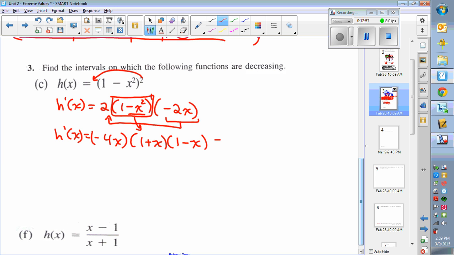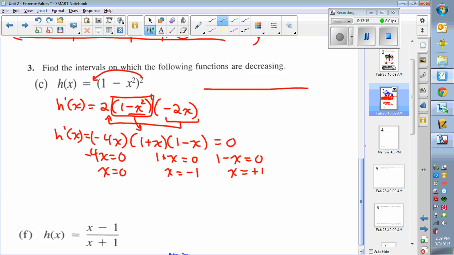We set that equal to 0, and you will get points of -4x equals 0, 1 plus x equals 0, and 1 minus x equals 0. So my roots are 0 divided by 4 is 0, x equals -1, and x equals +1. So again, setting those 3 numbers up on a number line, -1 and 0 and 1.